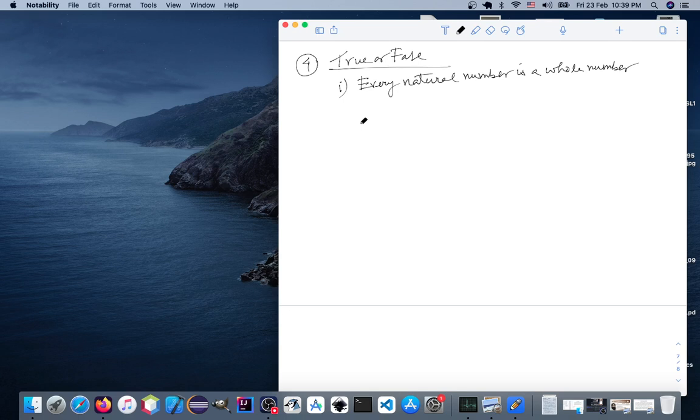Yes, obviously. What are natural numbers? Natural numbers are the counting numbers, 1, 2, 3, 4, 5, 6, and so on. Whole numbers are obtained when we just add 0 to the natural numbers. So 0, 1, 2, 3, 4, 5, 6, and so on is the collection of whole numbers. So obviously, every natural number is also a whole number. This is true.